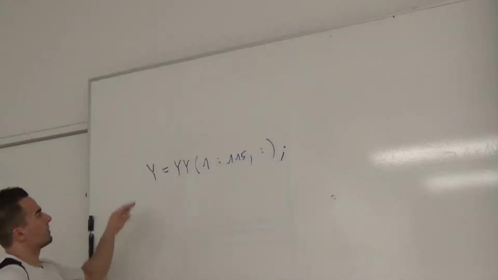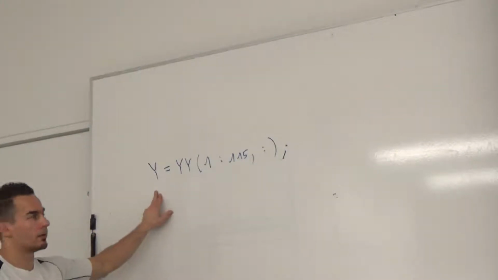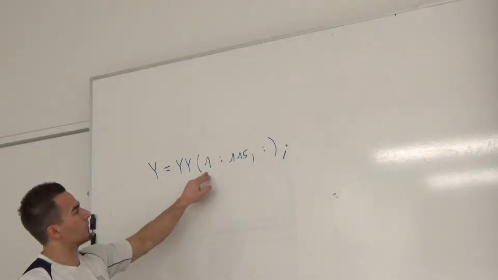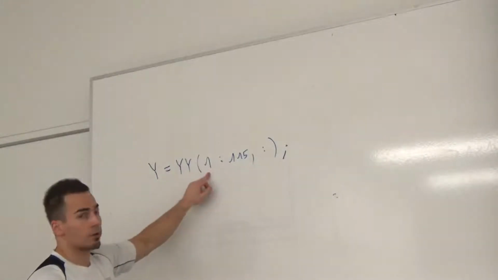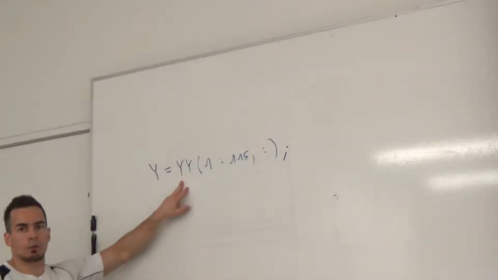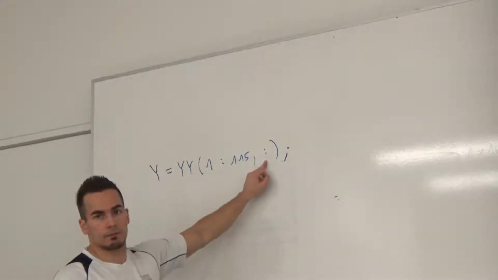So it says, give me a matrix, call it Y, and this matrix should have the first 115, so row 1 to 115, of the YY matrix, which is our excess return matrix, and all columns of it.